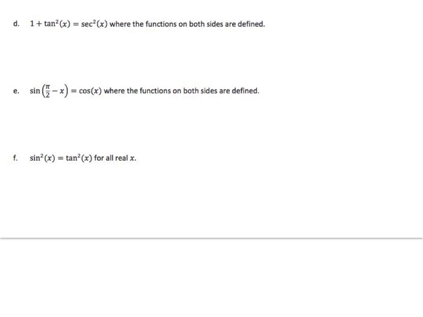Okay, look at letter D. This is an identity. We actually proved this identity as part of our lesson. And it is defined as long as we don't have an undefined part of the equation.